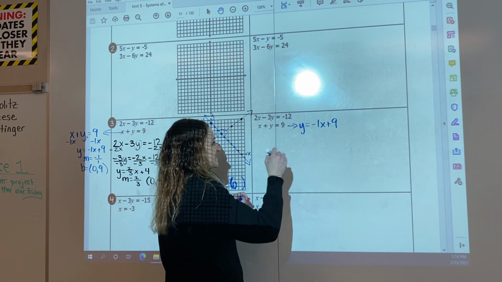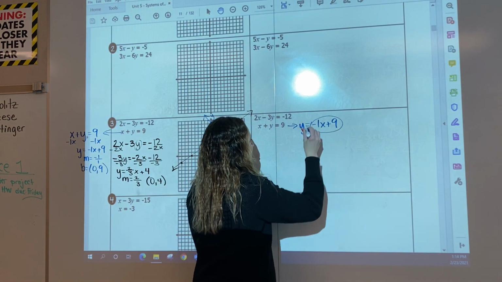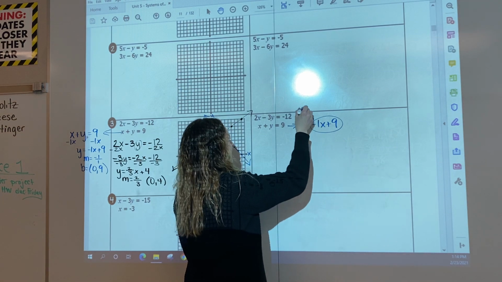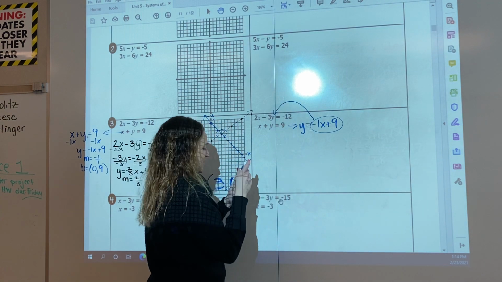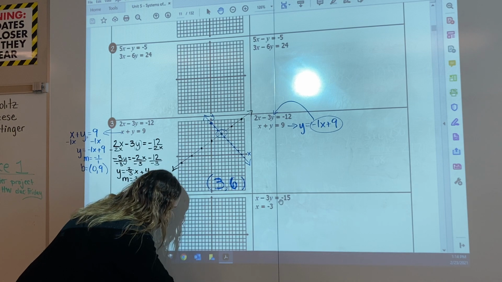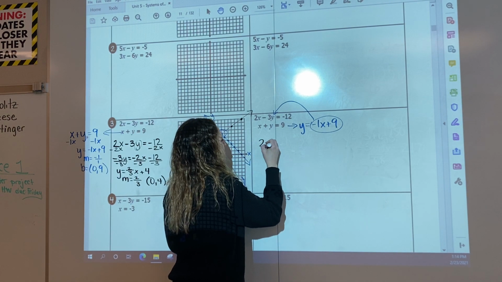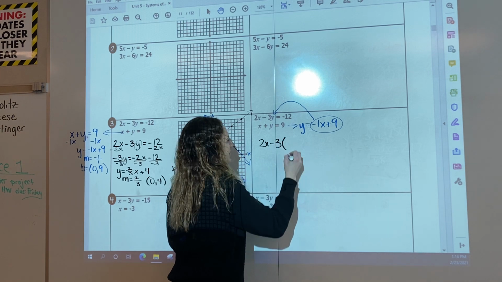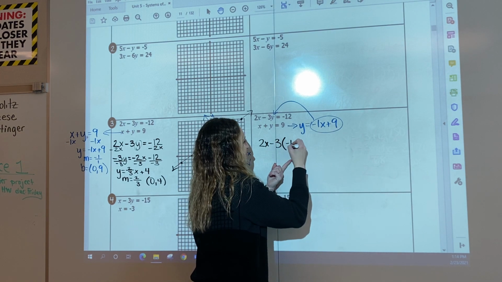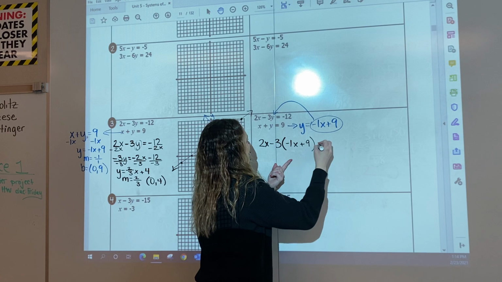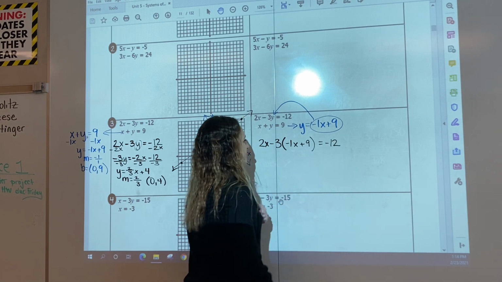I'm going to take that expression and substitute it in for y in the other equation. I'm going to grab my other marker and I can show you that work. So we have 2x minus 3 times this whole thing, which is negative 1x plus 9, equals negative 12.